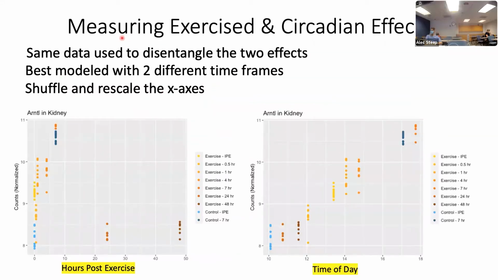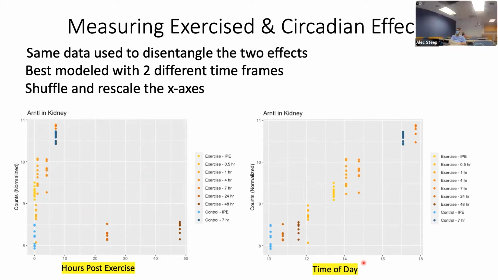Okay, so we want to measure exercise and circadian effects, and now we're going to plot these both on hours post-exercise as we've seen, but also by the time of day. So the same data is used to disentangle these two effects, and it's modeled best on two different time frames.